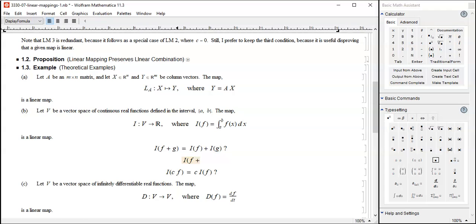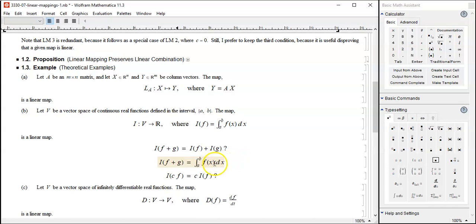I of f plus g, by definition, is integral, isn't it? But integral of which function? F plus g. Now, can you use the property of the integral?